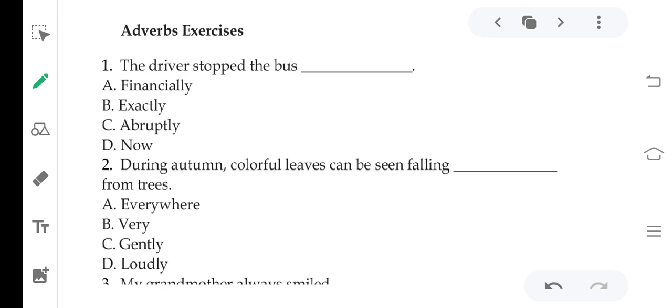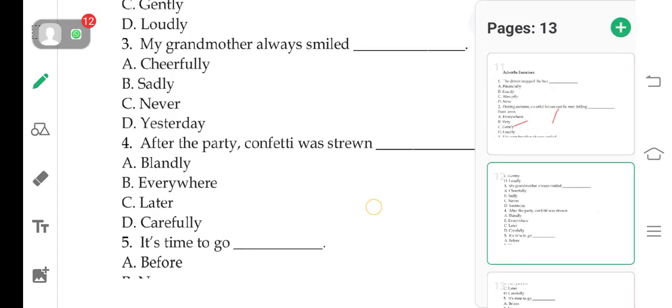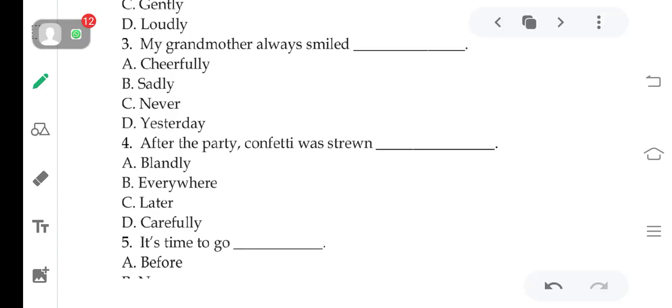Next one, during autumn, colorful leaves can be seen falling from trees. What is the answer? Gently is the right answer. Next question. Third question, my grandmother always smiled: cheerfully, sadly, never, yesterday. So cheerfully is the right answer.